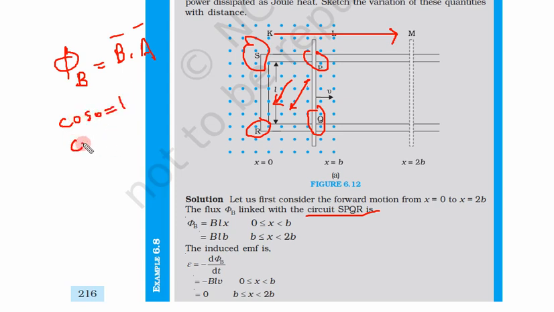Or even if we get cos 180 degrees, that is equal to minus 1. So either 1 or minus 1, but the flux magnitude will remain the same, only the direction will change, but we are mainly considering magnitude here. Taking the positive value, cos theta is cos 0, so we get BA.